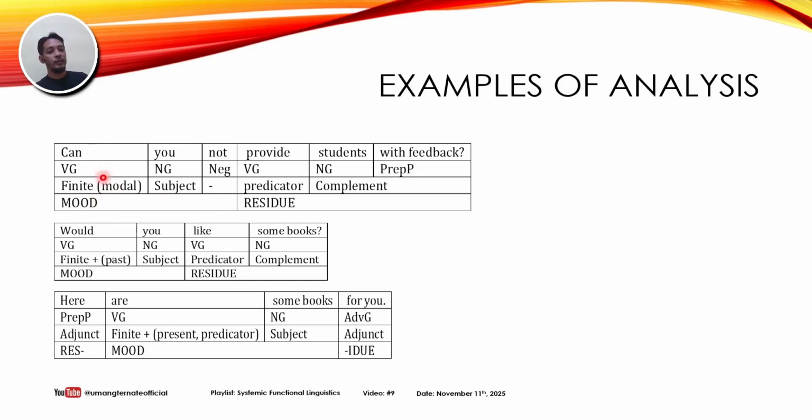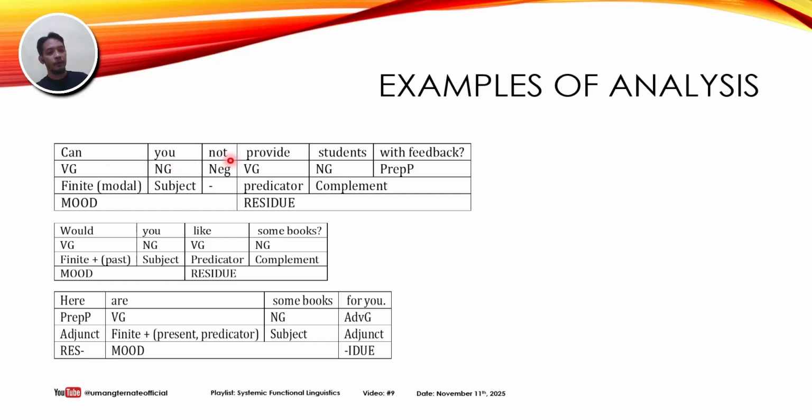The structure is the finite, in this case the finite modal, and the subject followed by a polarity or a negator, to define the polarity of the clause as a negative clause. Okay? So it begins with the finite and the subject, which means that this is also a question.